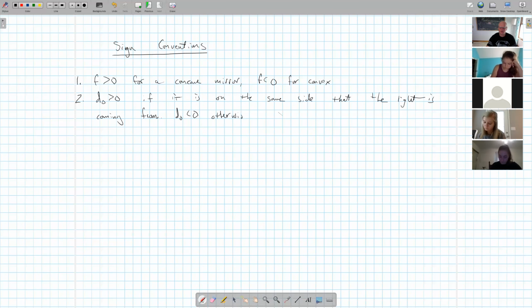Now, in every example we drew here, the object distance was positive, because we always drew the object on the side the light was coming from. Okay. Sign convention number 3: the image distance is positive if it is on the same side that the light is going to.